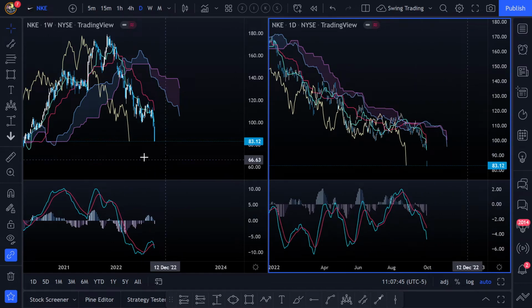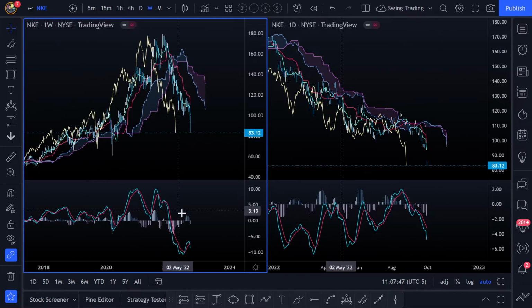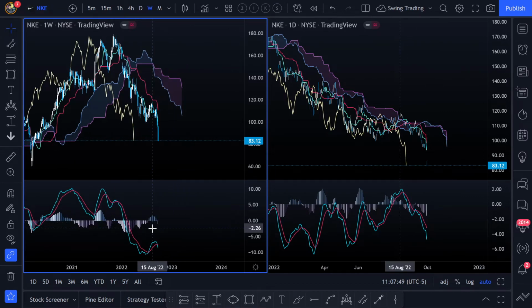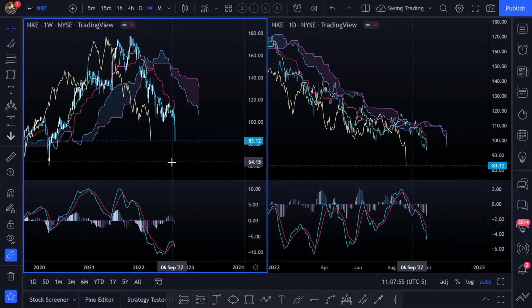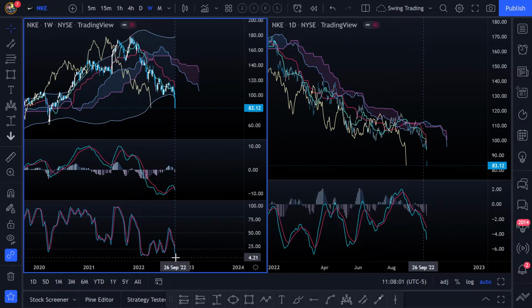According to the weekly MACD, there is a weekly MACD bearish crossover, but I think if we pull up the stochastic, this might be oversold. Yes, it's entering the oversold area because it dropped very fast.